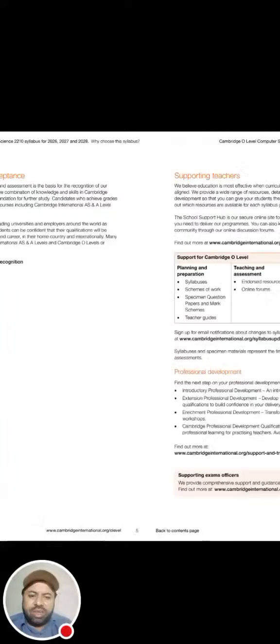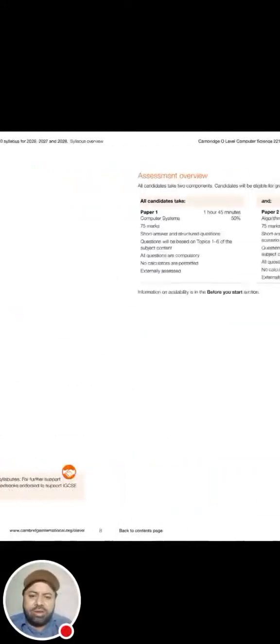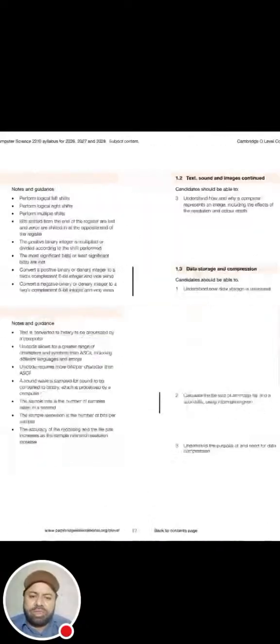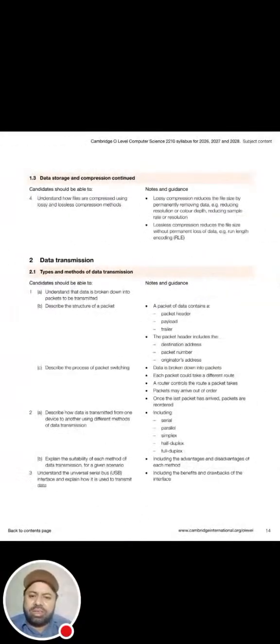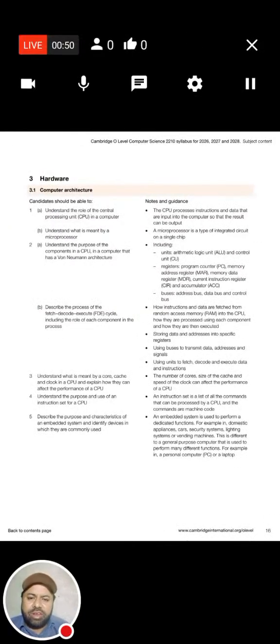Here we are moving ahead to the second part. We have reached hardware.